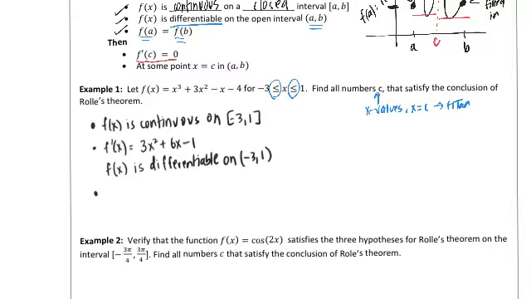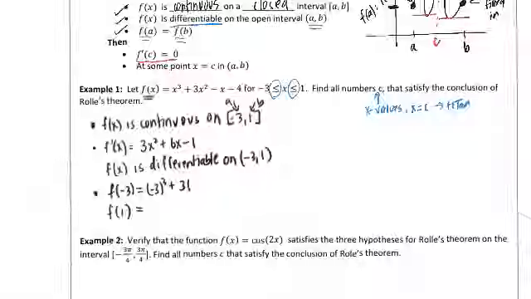The third condition is that the y values at the two ends of the interval have to be equal to each other. So this is our a and b from the theorem. That's our interval endpoints. So at the endpoints, f of negative 3, go back to the f equation. f of negative 3 is equal to negative 3 cubed plus 3 times negative 3 squared minus negative 3 minus 4.